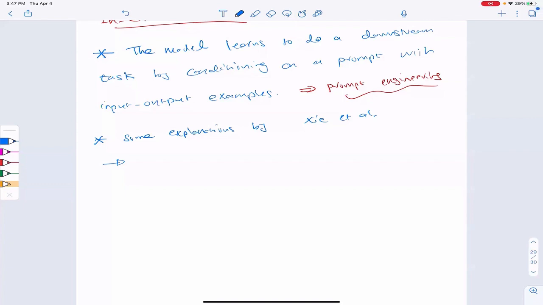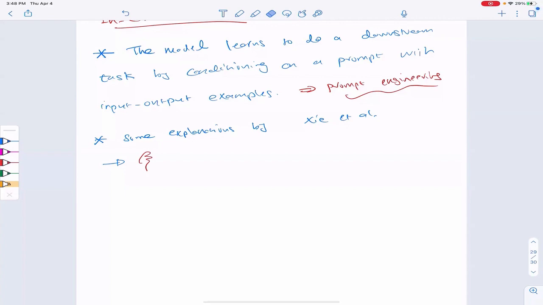Really hand-wavy, but that's the one explanation that is being given. And in the paper, they have some simpler analytical formulation of this, not obviously for practical language models, but on simpler setups, but they show in fact this can happen.